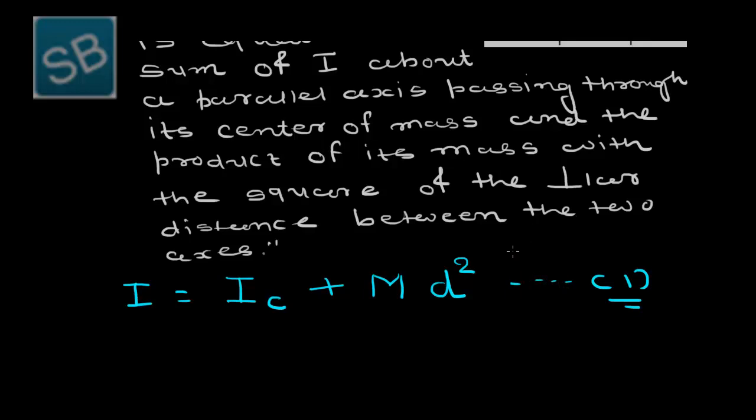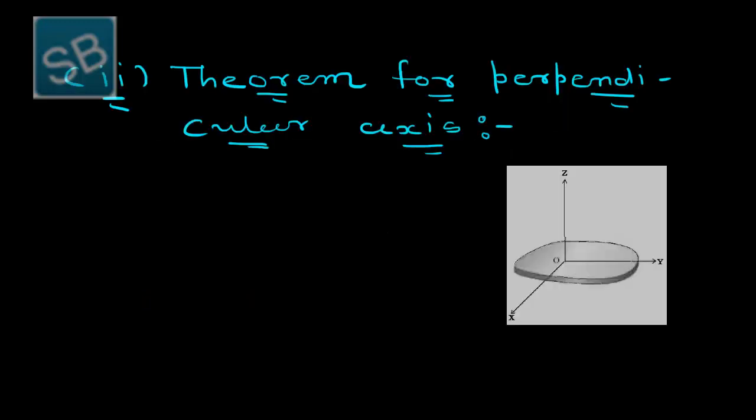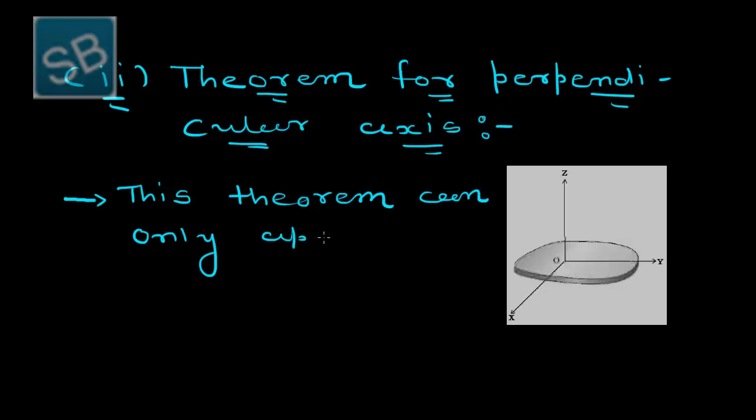In the same way, we will discuss the theorem for perpendicular axis. So let's start the theorem for perpendicular axis. The main limitation of this theorem is that you can only apply this theorem to the planar body.